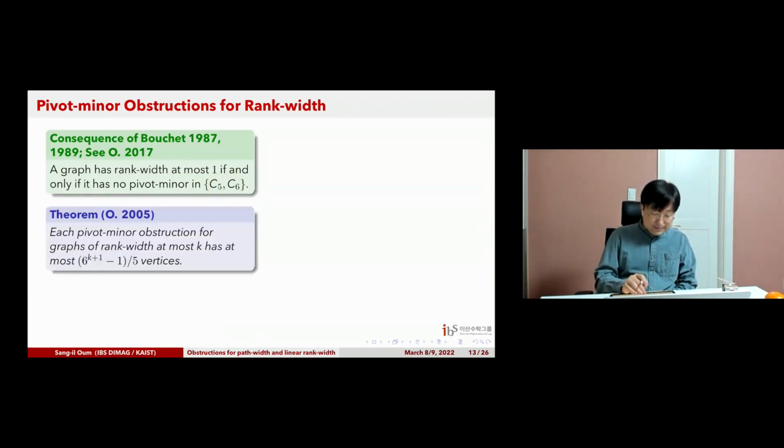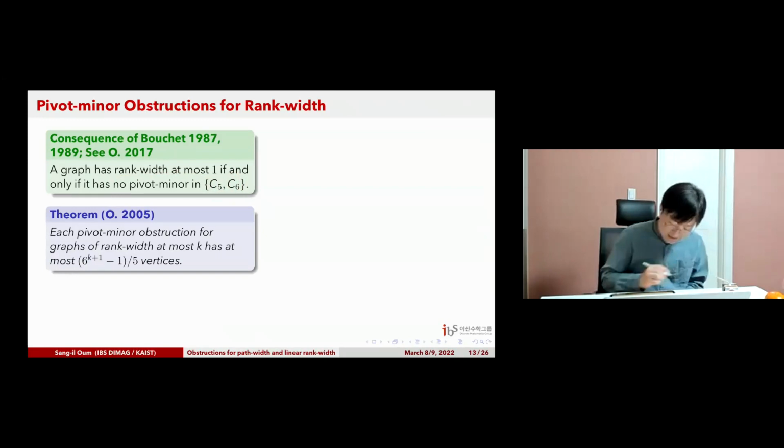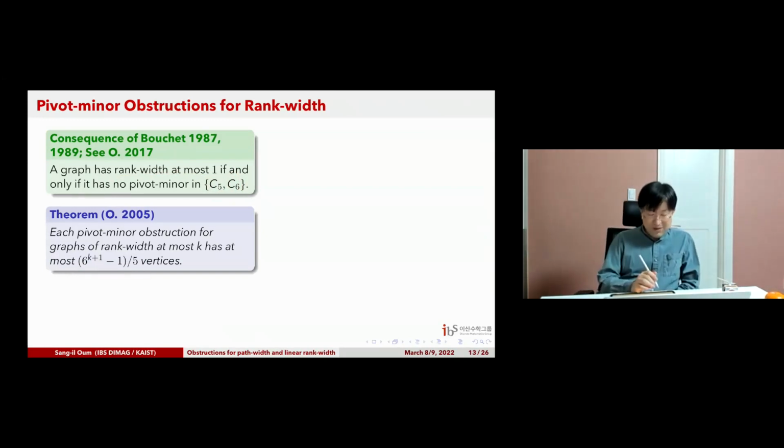And for pivot-minors, for rank width k, we had an explicit bound: (6 to the k plus 1 minus 1) over 5. The proof is almost the same as the proof for the matroid case, proved by Jim, Bert, Neil, and Jeff. So for rank width, we have an explicit bound.